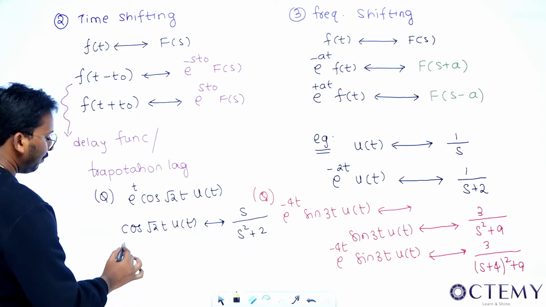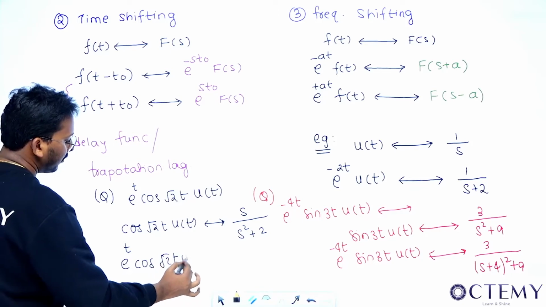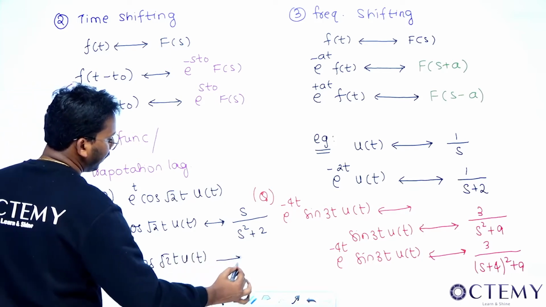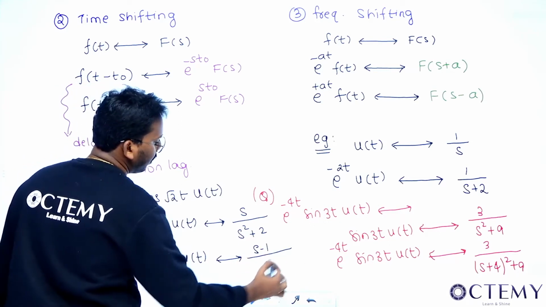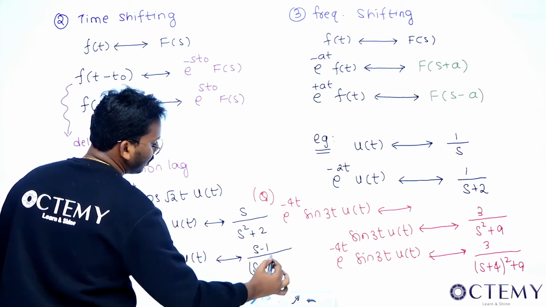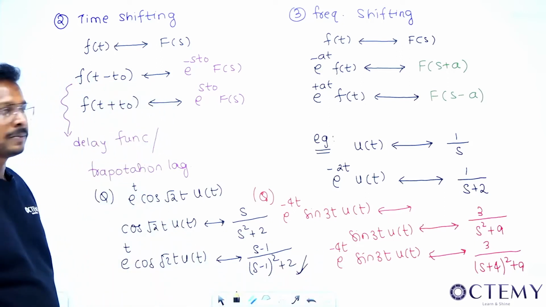Now if you want e power t cos root 2t u(t), wherever you see s, you write s minus 1. So s minus 1 by (s minus 1) square plus 2. This will be the answer, right?